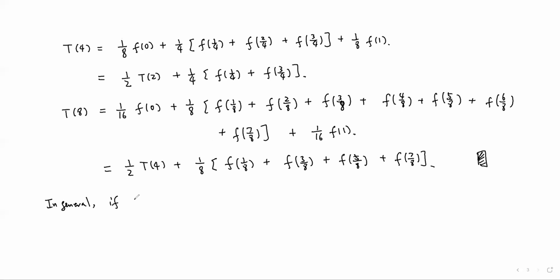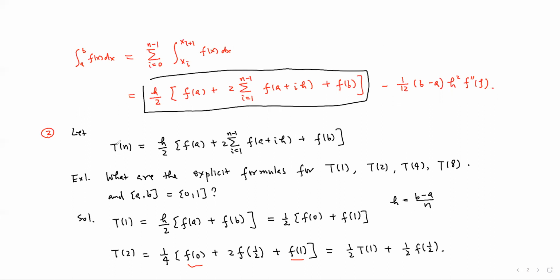If the interval AB, now not necessarily 0, 1, a general interval AB, is evenly divided into 2^n uniform subintervals, then T of 2^n is defined here.